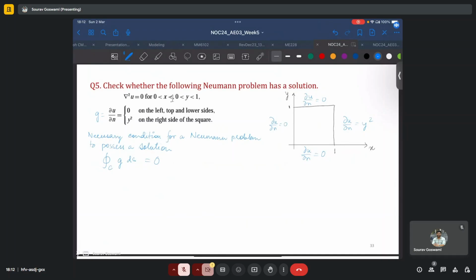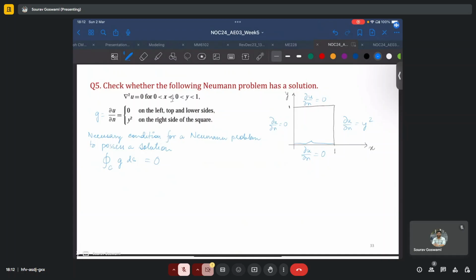Now, the curve that we are given here is a closed curve, but we can also divide it into four curves for ease of computation, as these are the sides of a square. Along any one side, say the lower side here, y is constant while only x is varying, whereas on the right or left sides, x is constant while y is varying.